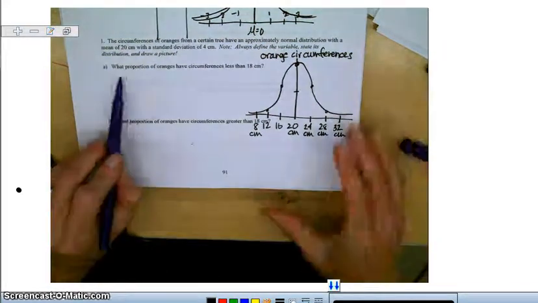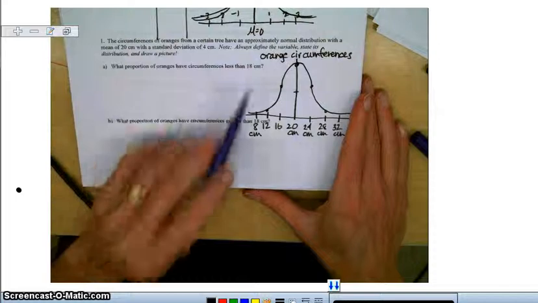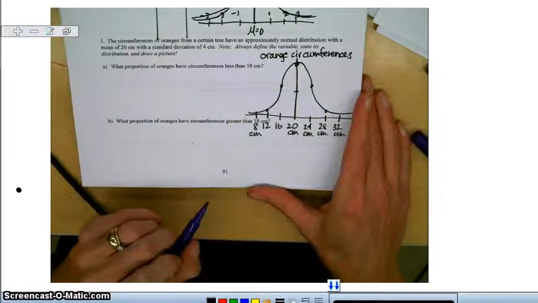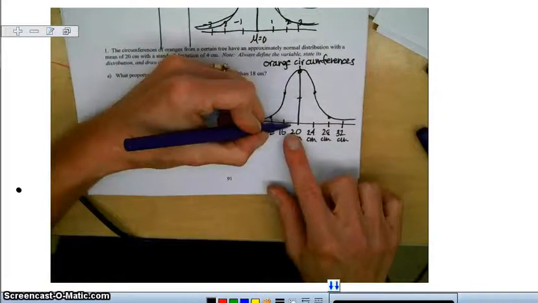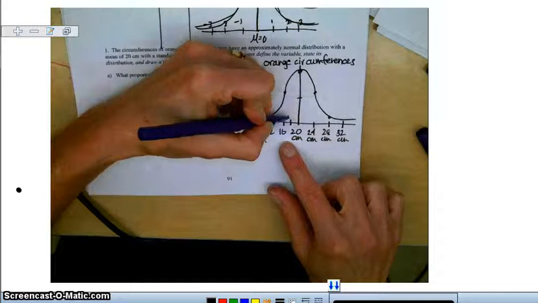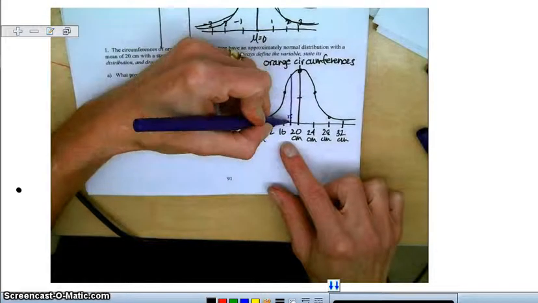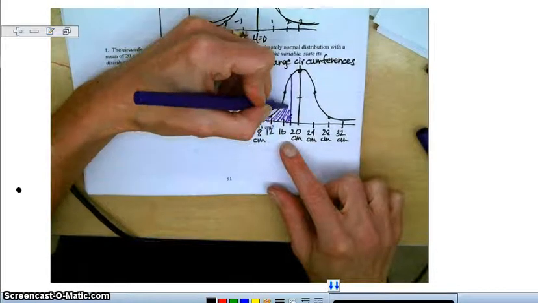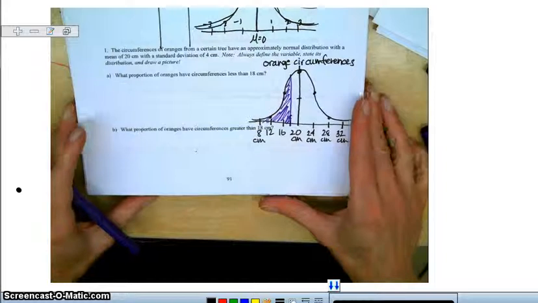All right, so now what we want to do is we would like to find what proportion of oranges have circumferences less than 18 centimeters. All right, so 18 centimeters happens to be right here in between these two, so there's 18. So I would like to find the area that is shaded for orange circumferences.